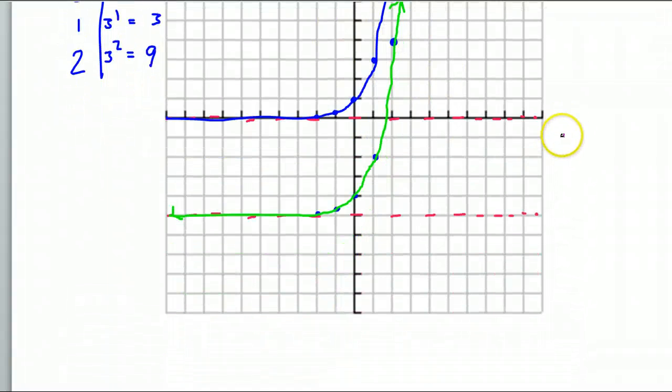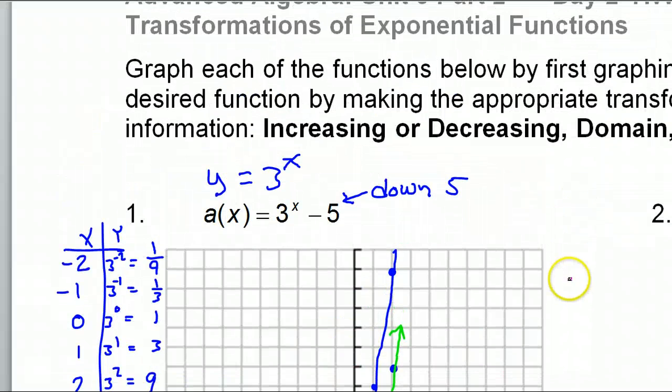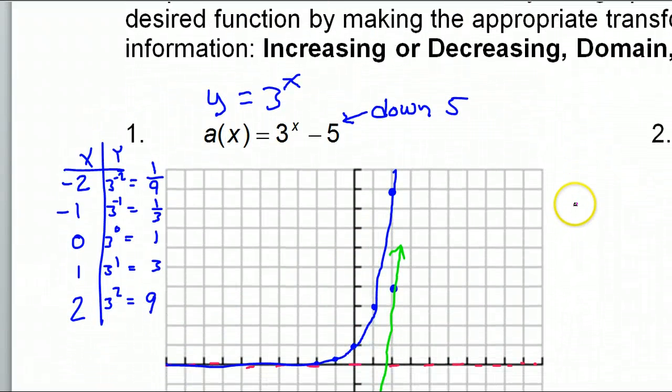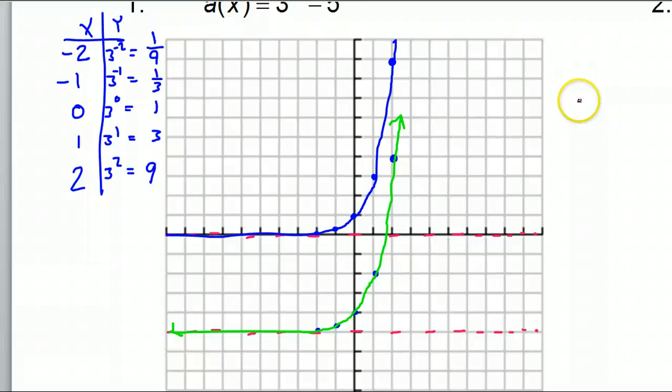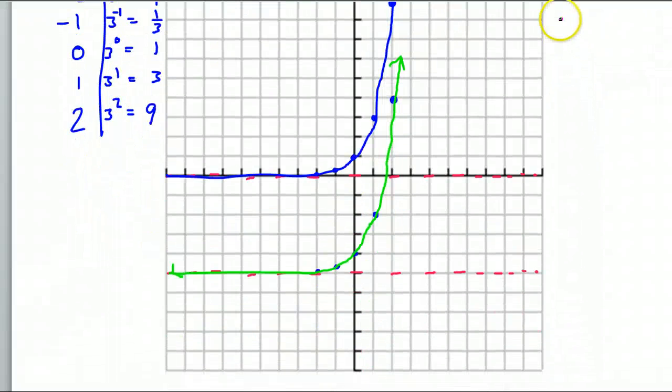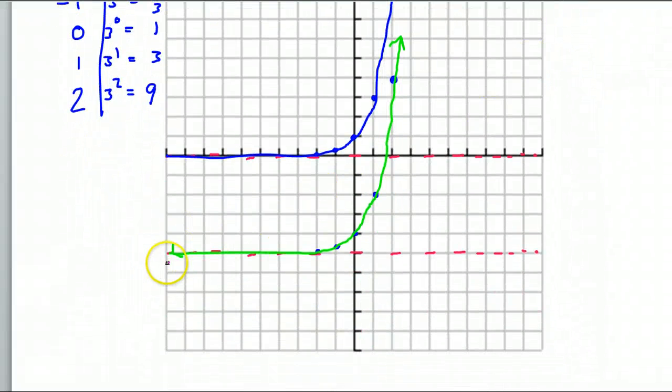So now let's go ahead and answer the little questions we're supposed to answer. We're supposed to say if it's increasing or decreasing, domain and range. All right, so this is, of course, increasing. So let's just put that on here. Increasing, right? The domain, I'll just put D for domain. The domain is negative infinity to positive infinity.